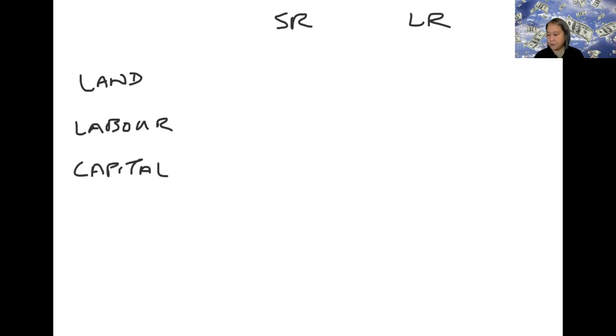So remember, in our short run, we are not able to change land that quickly, because that would entail, let's say if you were to own a restaurant, that would entail you moving into a larger space, or it would entail that you maybe expand your restaurant.